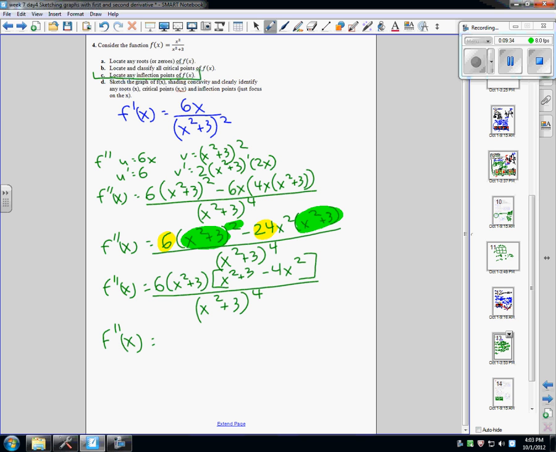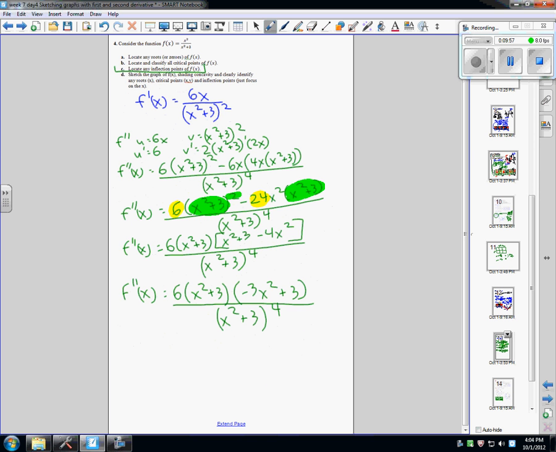Well, I won't cancel anything yet, but I got 6 times x squared plus 3. And then in here I got x squared minus 4x squared is minus 3x squared plus 3. All that over x squared plus 3 to the 4th. And hopefully you can still see this as I expand down again.